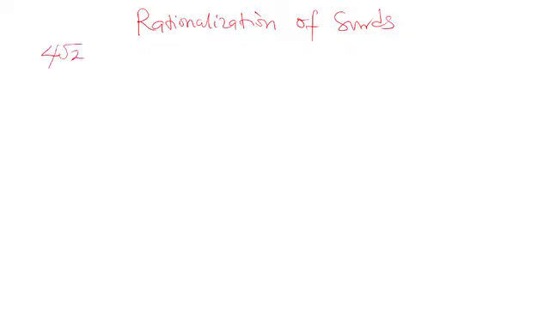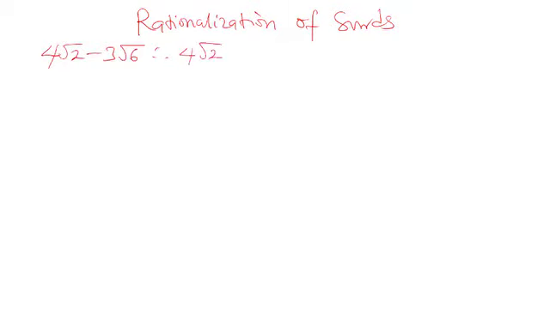If you talk about rationalization of surds, rationalization talks about multiplying by the conjugate. For example, if I say 4 root 2 minus 3 root 6, I told us the other time that the conjugate of this is 4 root 2 plus 3 root 6.